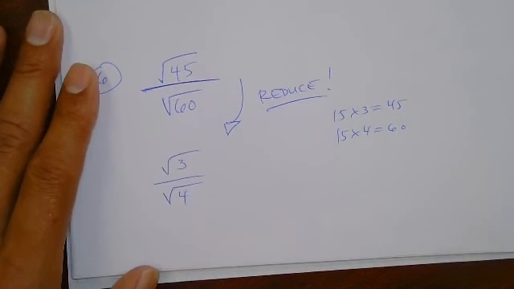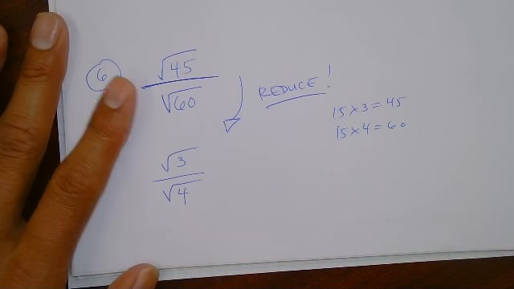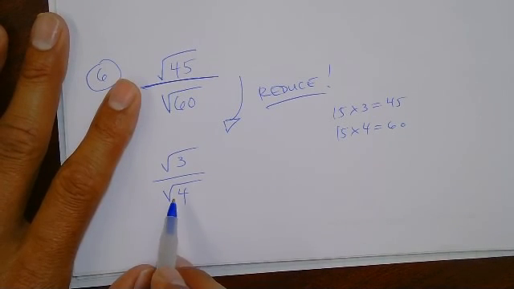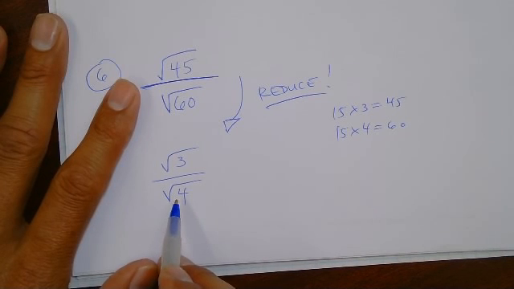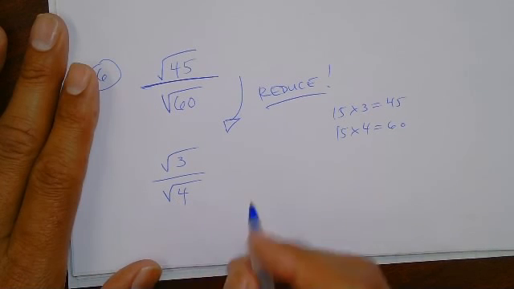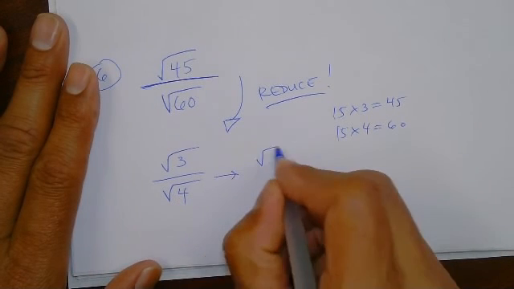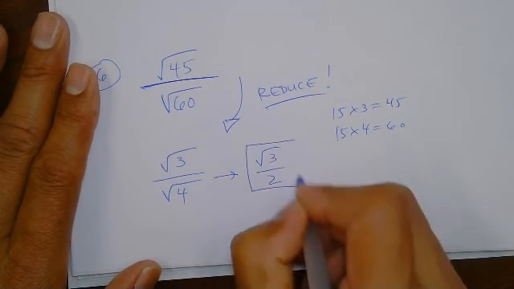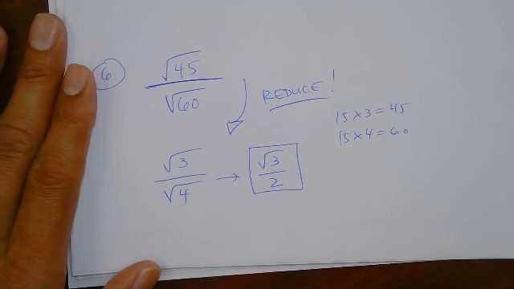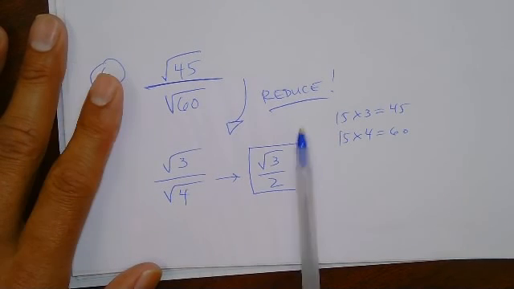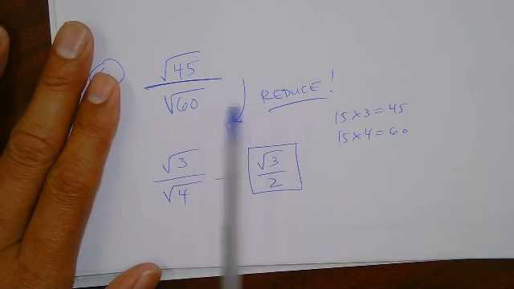So when you reduce, this is going to be 3 over 4. And is that the answer like that? No, because one of them left is a perfect square. Final answer is?